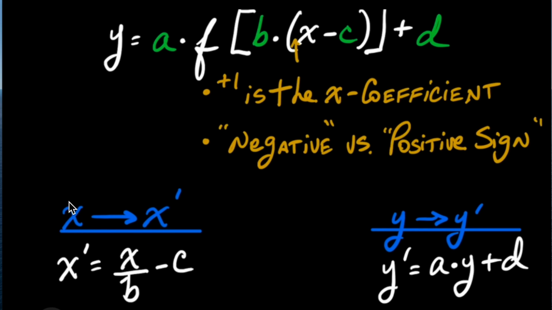We're going to take the original x, divide it by this b value, and then either add or subtract based on what we see in the argument, and we're going to do the exact opposite, just like we did with the vertex equation. When we get our new y value, however, we're going to multiply the original y value by the a coefficient, which is out here, and we are simply going to add or subtract exactly what we see.